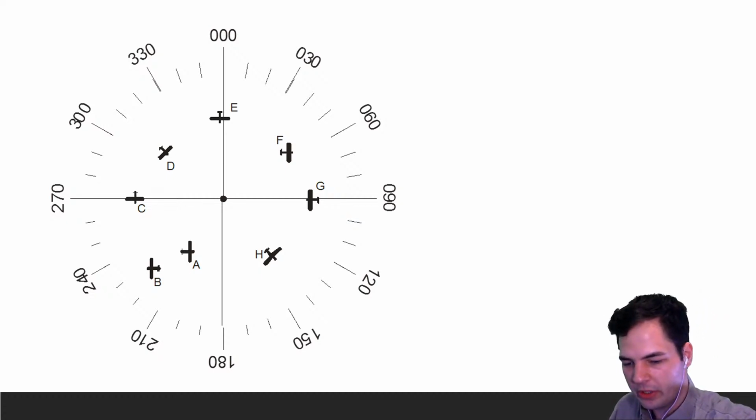I'll start writing it down on my note paper. 090, left needle and TO flag.